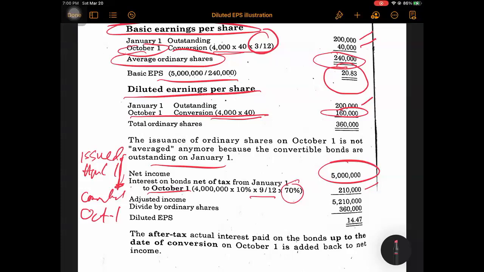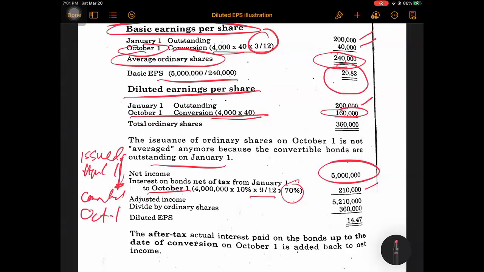Okay, it was issued on April 1. So kani pod you need to proportionate. Sir, pila man, sir? 9 months siya gyapon, starting from the date of issuance up to December 31, because again, as-if approach, it is assumed on the issuance date that it is converted into ordinary shares.